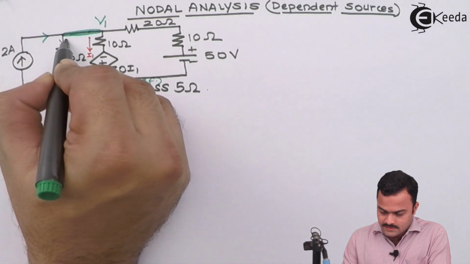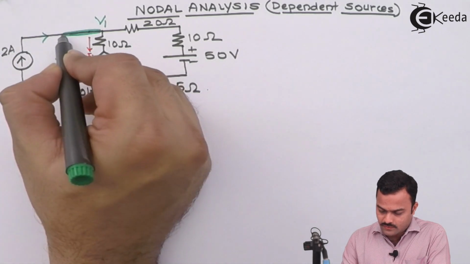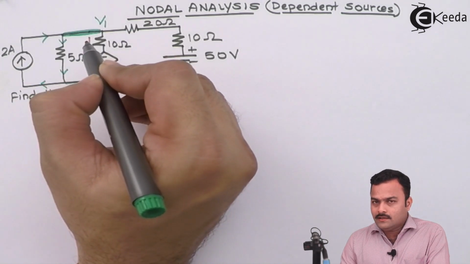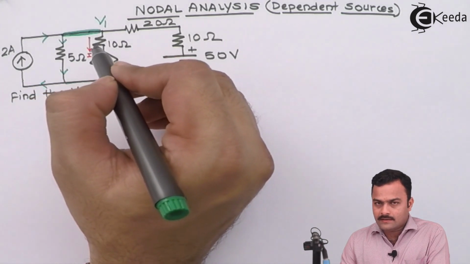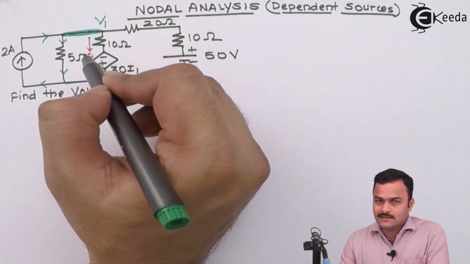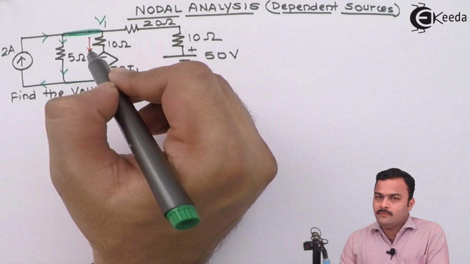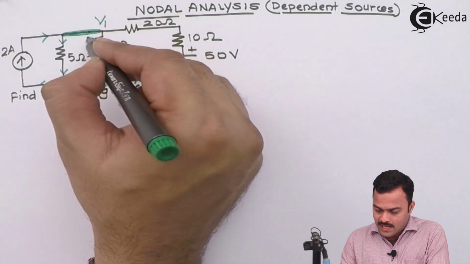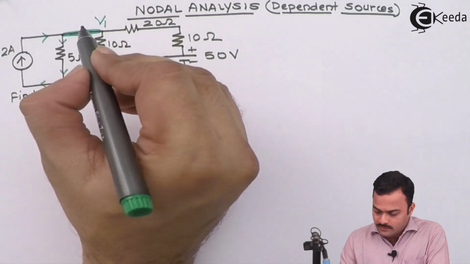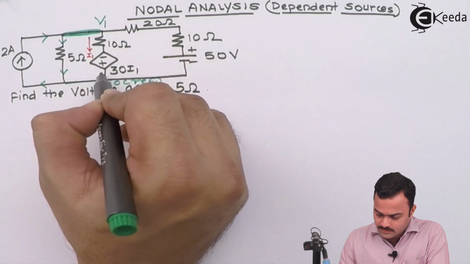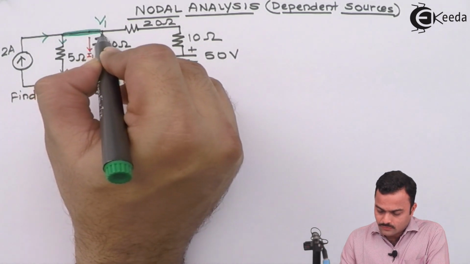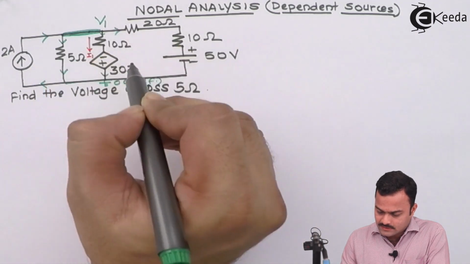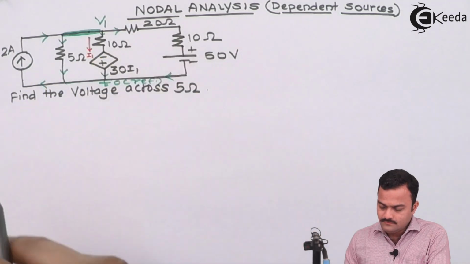Let's consider this as a downward direction, so from V1 to reference. One thing we will keep the same: whatever current direction they have given, we will maintain as it is. Since they have given the downward current direction, we will also maintain downward for our calculation. And for this, let's consider the current direction like this.